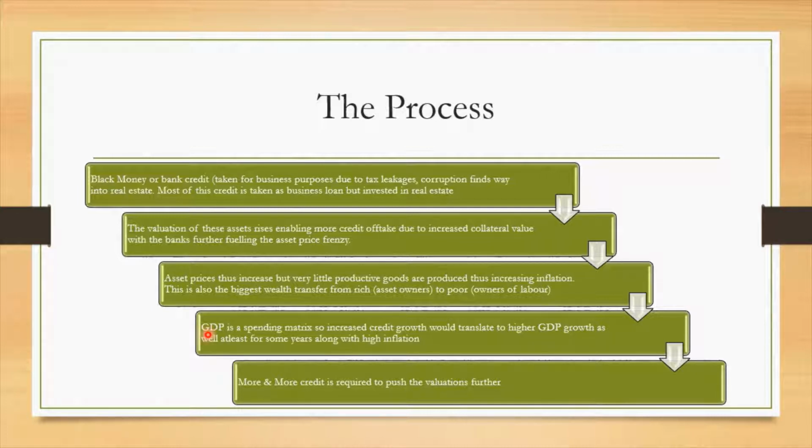Of course, for some years, along with the high inflation, you will get a relatively higher GDP growth as well. GDP, let me tell you, is a spending metric. Now, what do I mean by that? GDP is an accumulation of what in a year is spent in the economy.